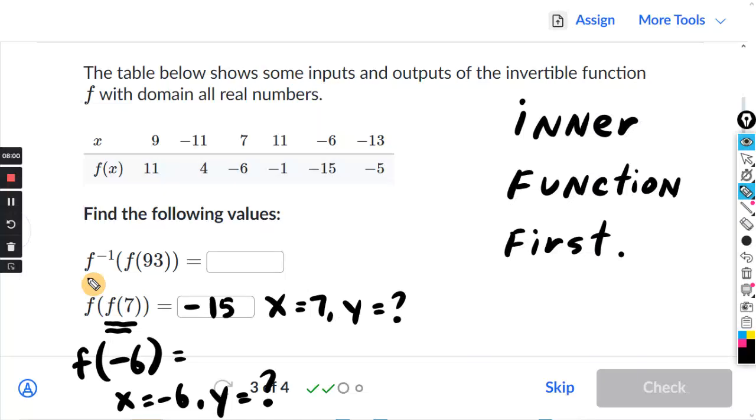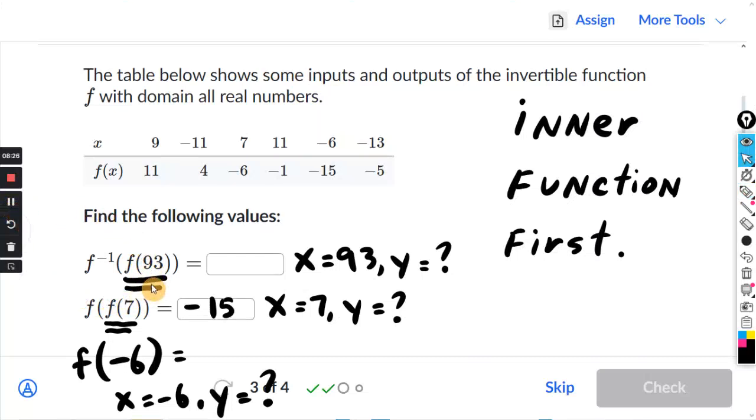we want to find inverse f of 93. We're going to do the inner function first. F of 93 means x equals 93 and y equals what? So let's go to x equals 93. And we don't have it.